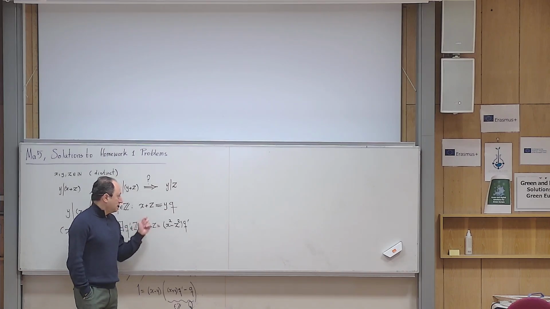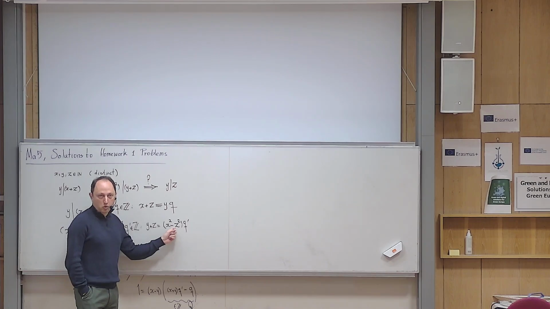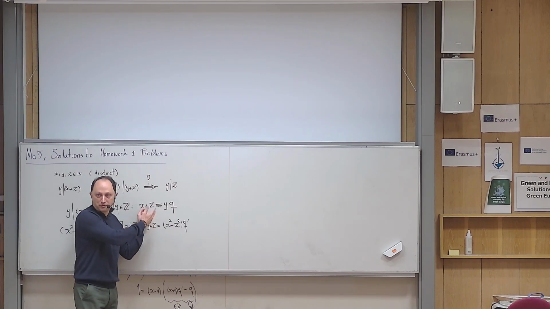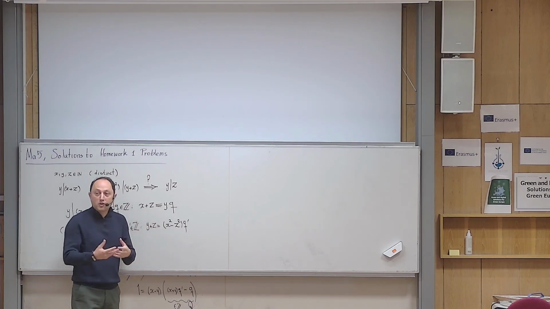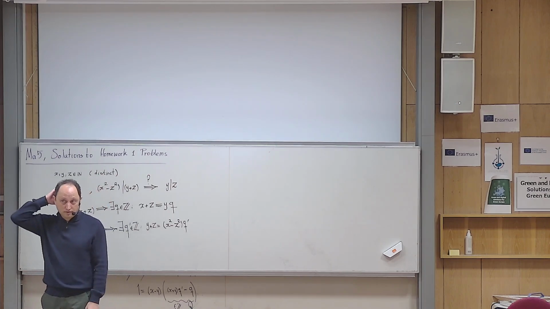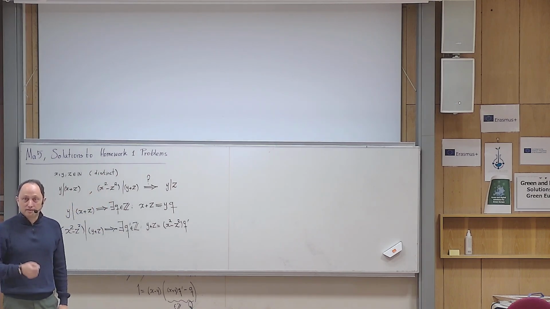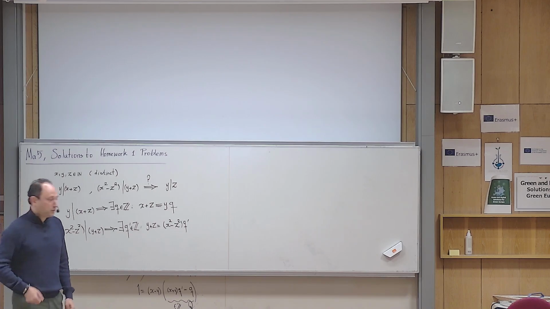Now I want you to understand the difference between a strategy and a technique. You can find x from here and put it here, x is gone. Or you can find x from here and put it there, x is again gone. My strategy is good with both of them. But which one is more efficient in this case? This is technicality.